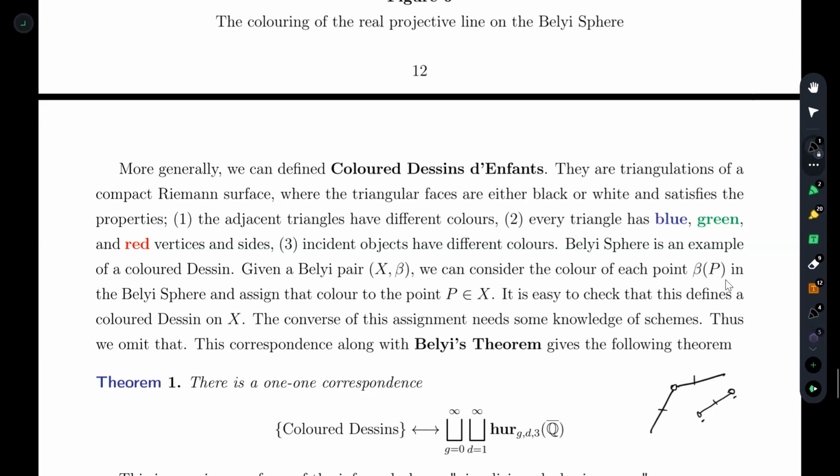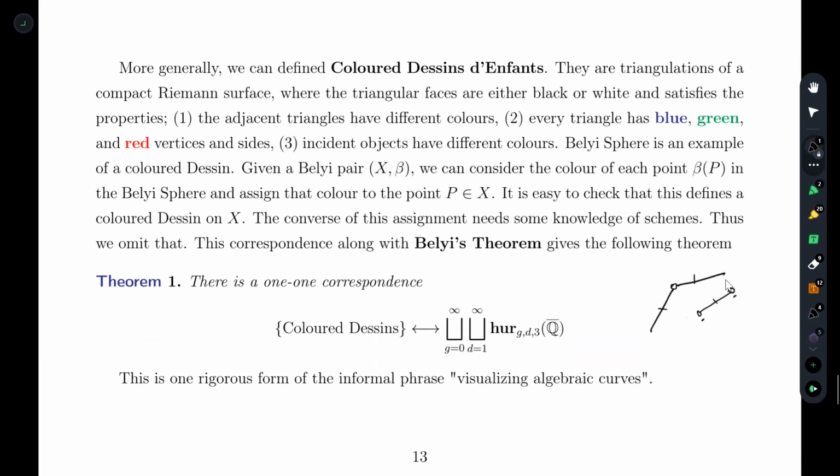And the converse is also true, but the converse actually needs some scheme theoretic details, namely how we can go from a colored dessin to a Belyi pair. That's how there is a one-to-one correspondence between the Belyi maps and the colored dessins.